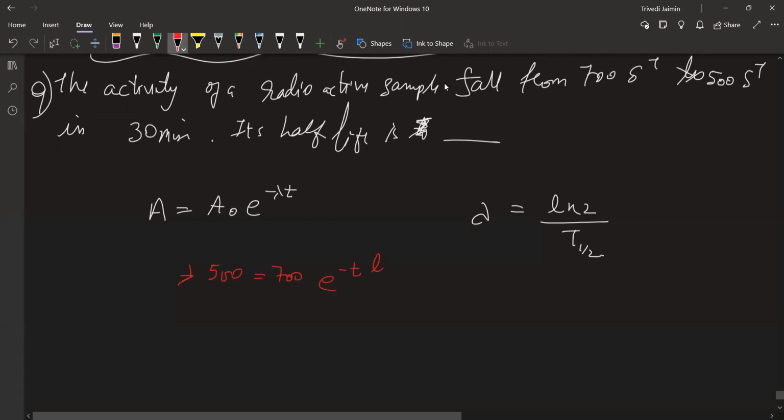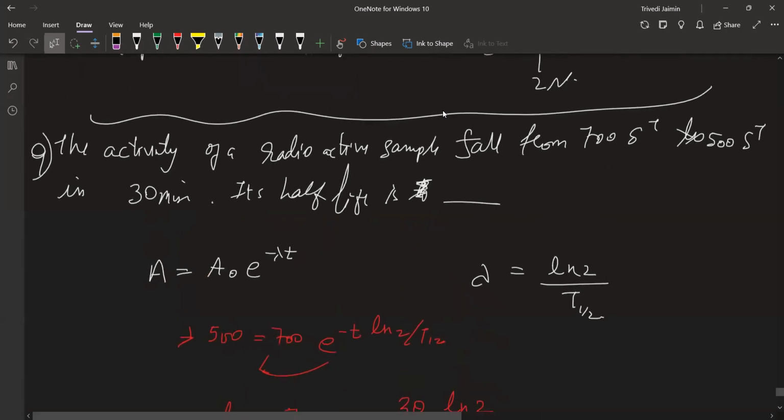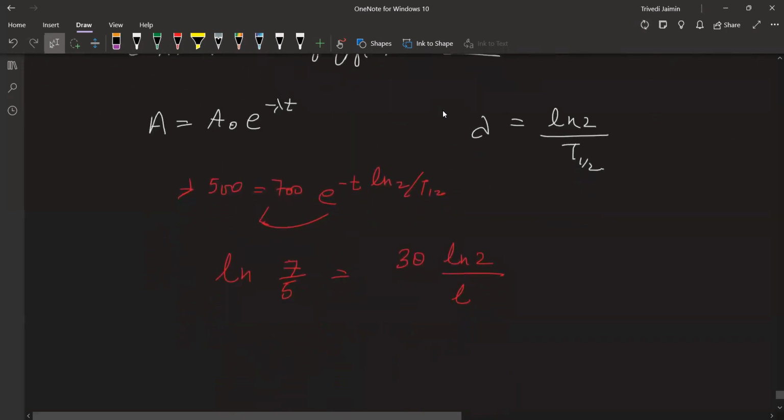Seven by five, if I send e on that side, it becomes ln of 7 by 5 equals t, which is 30 minutes, times ln 2 divided by ln of 1.4.